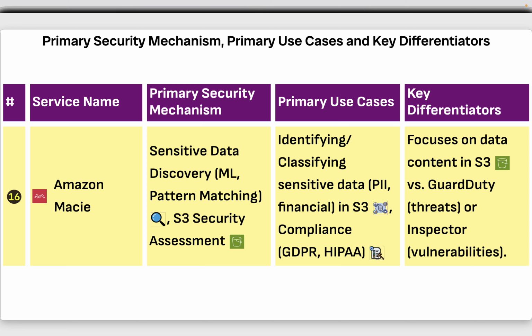And second is compliance for GDPR and HIPAA. GDPR is General Data Protection Regulation, and HIPAA stands for Health Insurance Portability and Accountability Act. Key differentiators are it focuses on data content in S3, let's say when compared with something like GuardDuty, which is for threats, or Inspector, which is for vulnerabilities.